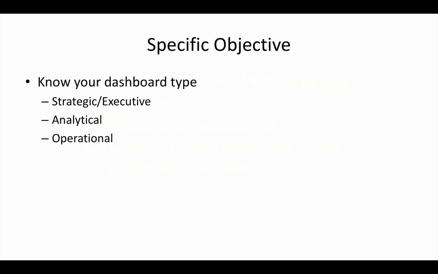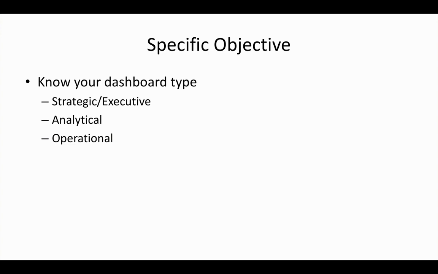So the first thing we want to talk about are the kinds of dashboards, the levels of dashboards. And it's kind of hard. Few has these levels that he describes in the book: strategic, executive, analytical, and operational. There's not some sort of an equation that I can give you that says that this is an operational dashboard versus an analytical dashboard, etc. But there will be certain characteristics that are more likely to apply to a strategic dashboard versus an operational dashboard.